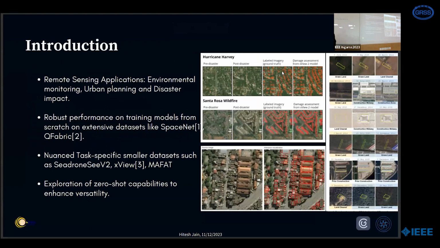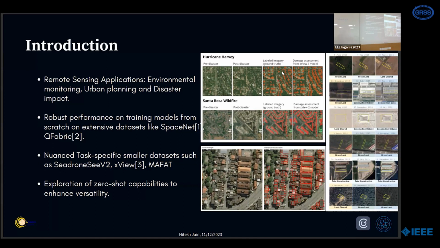Talking about the introduction, there are different remote sensing applications like environmental monitoring, urban planning, and disaster impact, and there are some large datasets that are openly available, like SpaceNet and QFabric, which have shown robust performance on training models. But there are also some nuanced task-specific datasets, such as C-Drone, CV2, XView, and Mafat, which are being shown here.